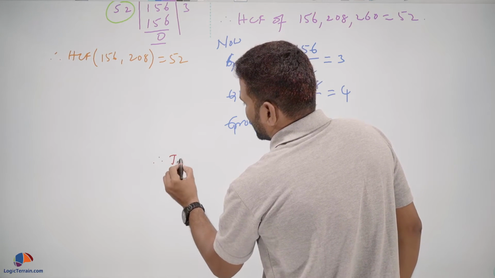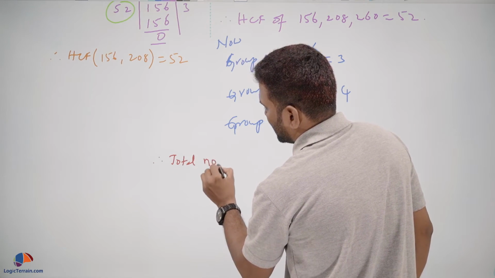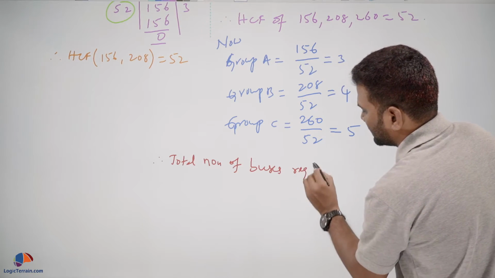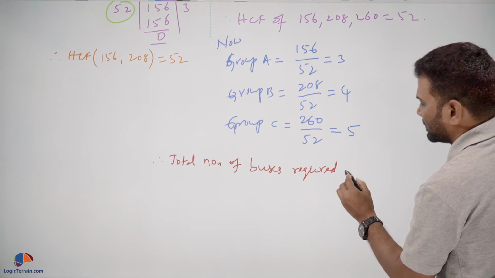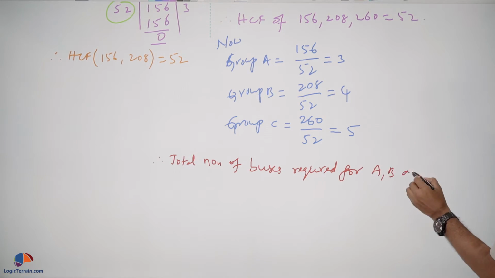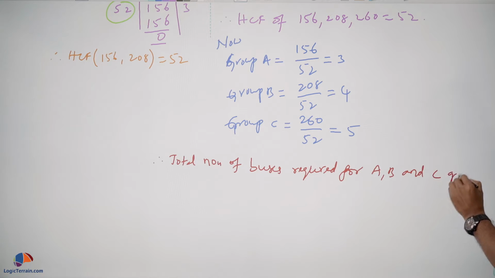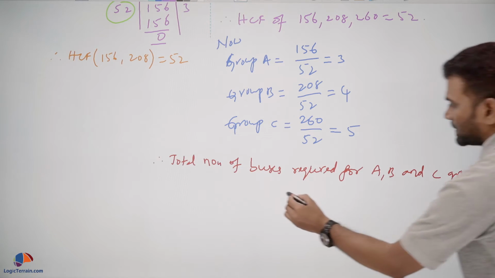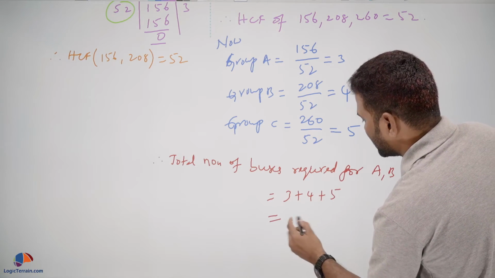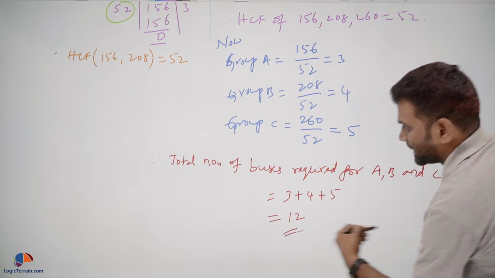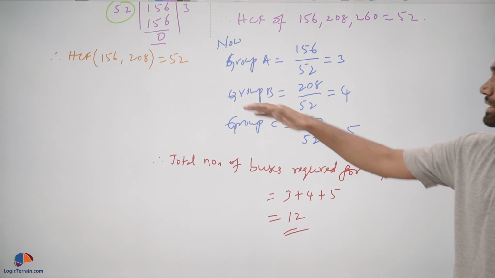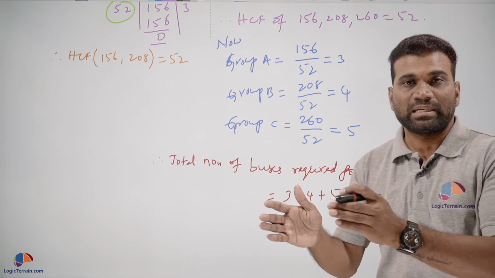Therefore the total number of buses required for A, B and C groups is 3 plus 4 plus 5, which is 12. Therefore 12 buses are required to accommodate all these groups, with an equal number of students in each bus.